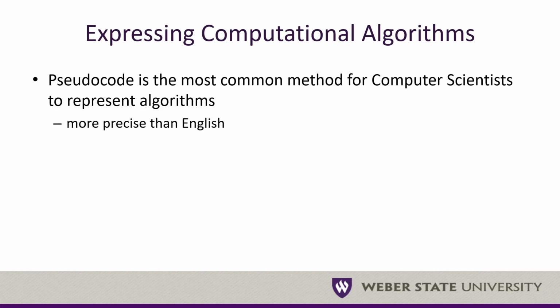But the idea with pseudocode is the closeness to a computing language, which is all computer languages are defined using a grammar. We're going to be talking about grammars and languages the last module of the semester.